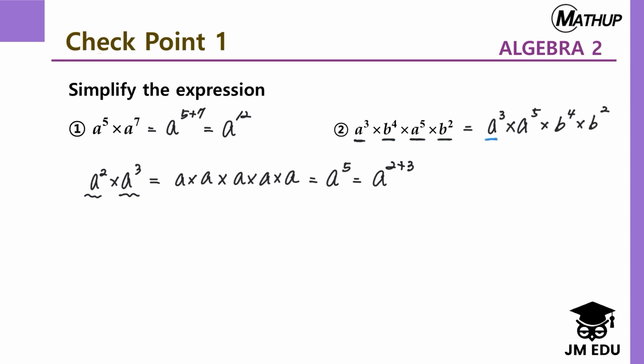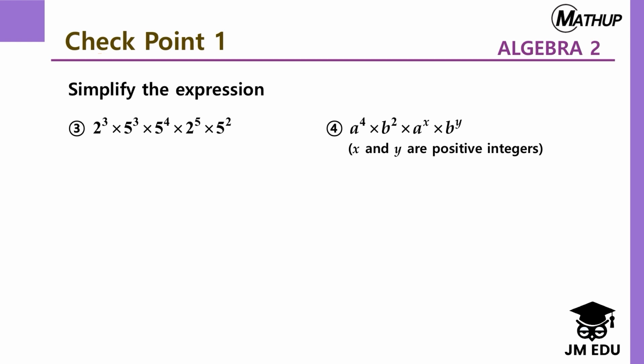Here, same base, same base. So that is equal to a to the 3 plus 5 times b to the 4 plus 2, right? So that is equal to a to the 8 times b to the 6.